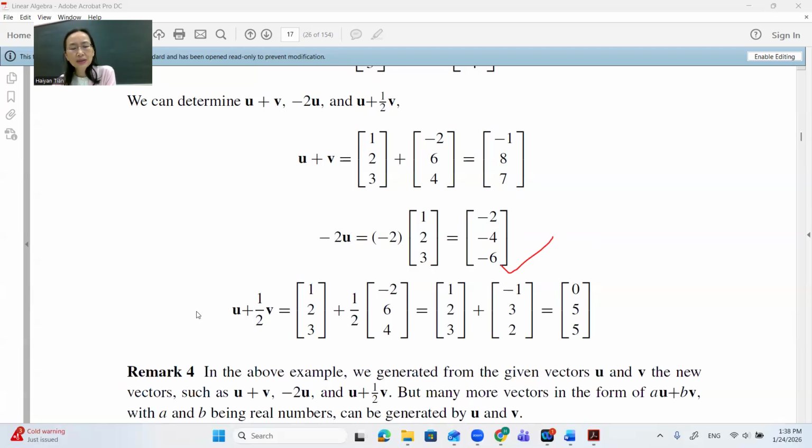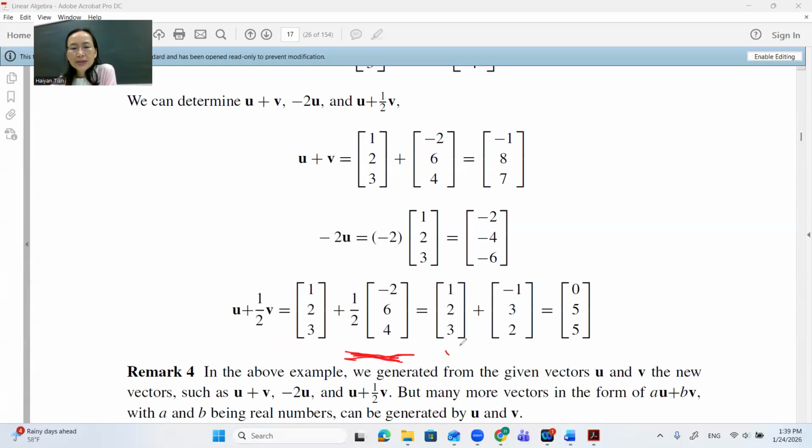Then let's do a slightly more complicated operation. This is u plus half of v. Okay, so it's overall a sum, right? A sum of two vectors. But let's first write down the u, which is given. V is also given, but half of v. So let's do this scalar multiple, half of v. And once we get half of v, then we can do the sum. We can do this addition, u plus this.